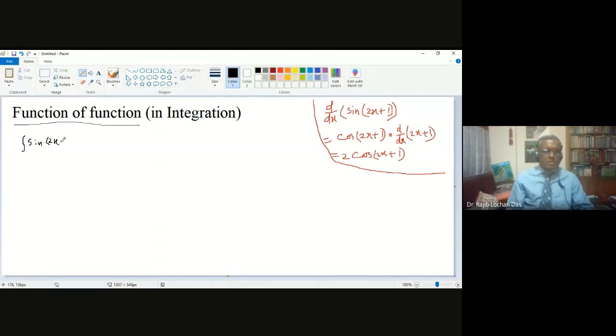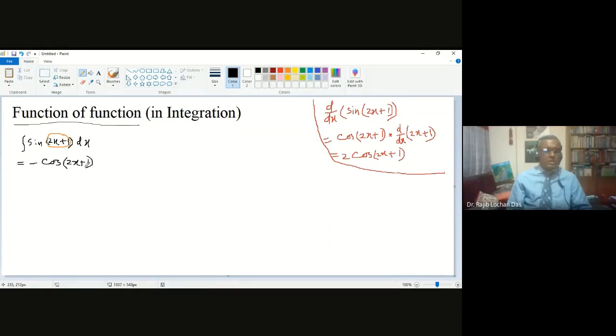This is the function of function concept. In the same way, you think that 2x+1 is your x. If this is your x, it is the sin x formula, which gives you minus cos x. So in this case, it is minus cos(2x+1).